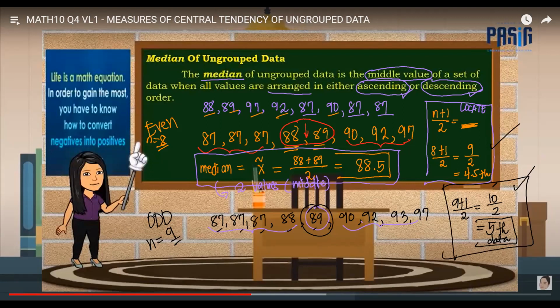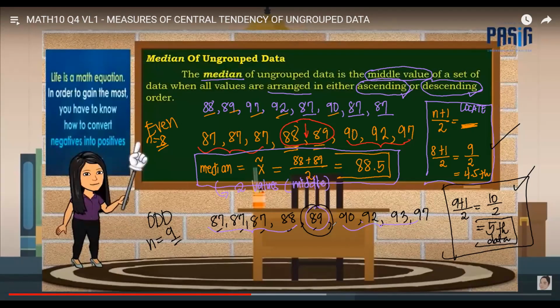Mahirap na kasi magbibilang ka pa, titingnan mo pa yung kanan at yung kaliwa kung pantay sila ng dami ng data, and hindi siya advisable kasi 20 yung data mo, or 15, gano'n. Medyo mataas na yung number of data. Okay? So, importante din nagagamit ka ng formula to locate the data kung pang ilan siya.